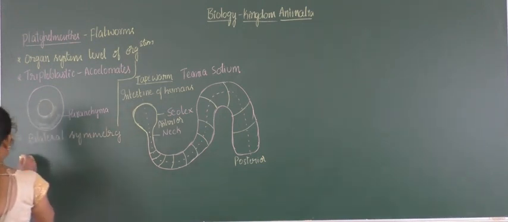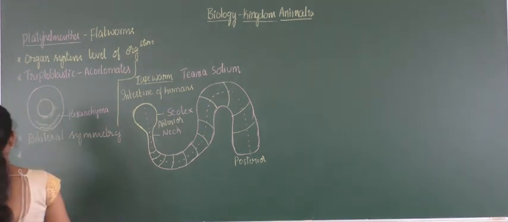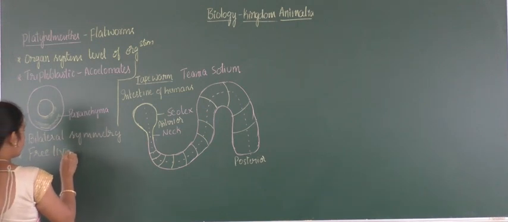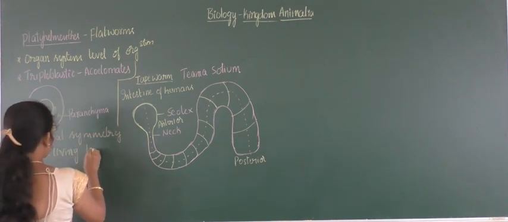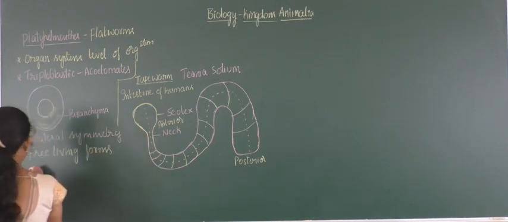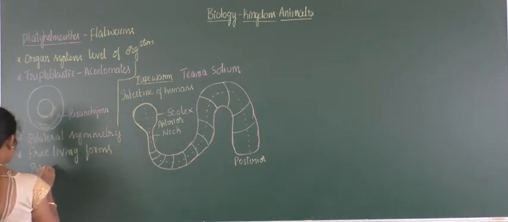In the case of these platyhelminthes, there will be two different forms. One is free living forms, and a few are parasitic in nature.